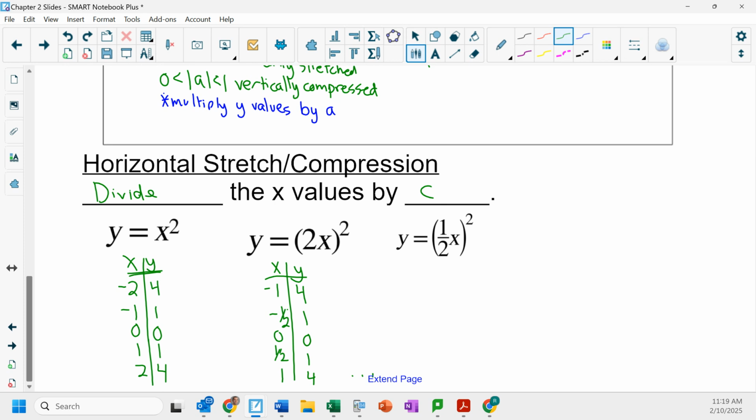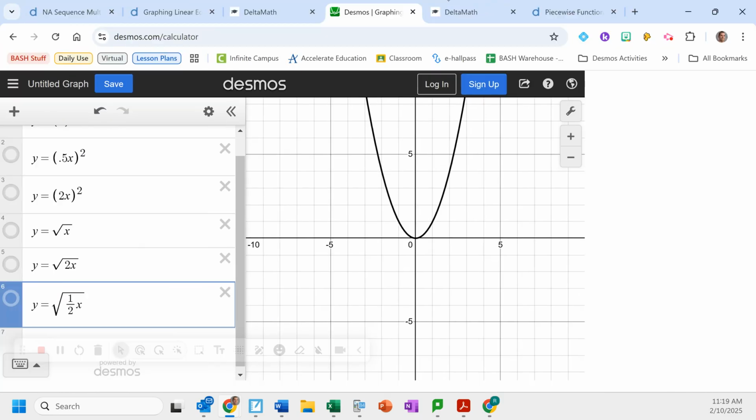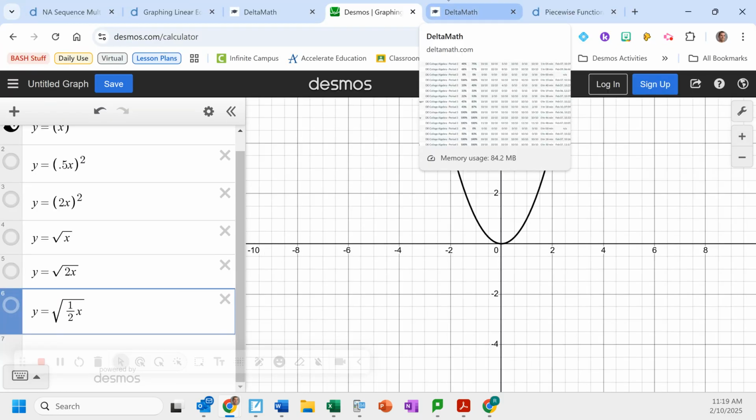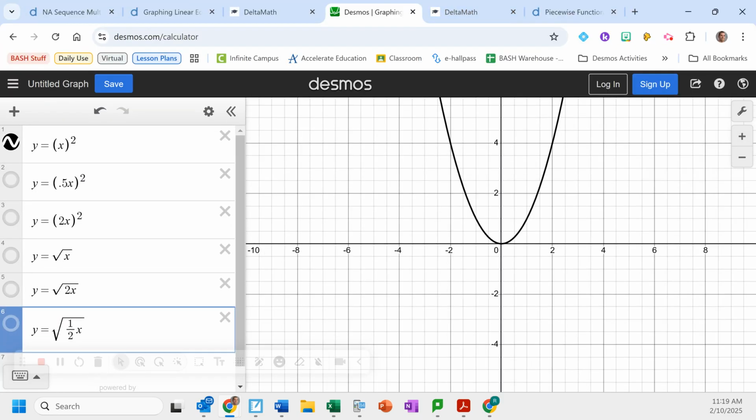And I can pull that up over here. So there's our parent function. And if I put 2x squared in here, it looks like we took our parabola and squeezed it inward, or it's actually the same as a vertical stretch as well.